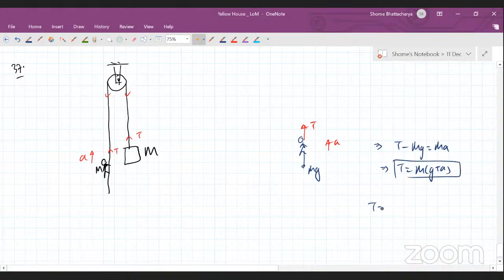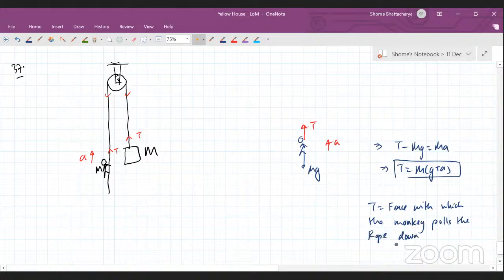And this tension is the force with which the monkey pulls the thread or the rope down. So that becomes equal and opposite to the force with which the rope pulls it up.